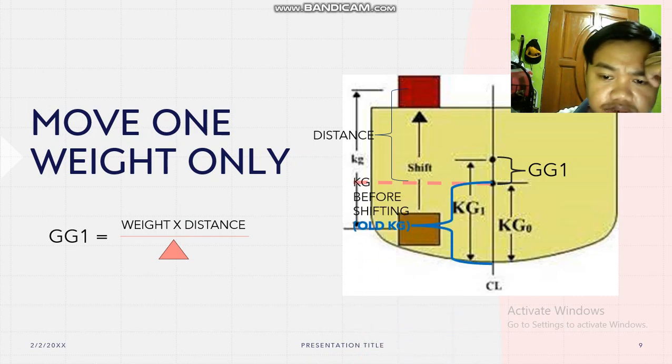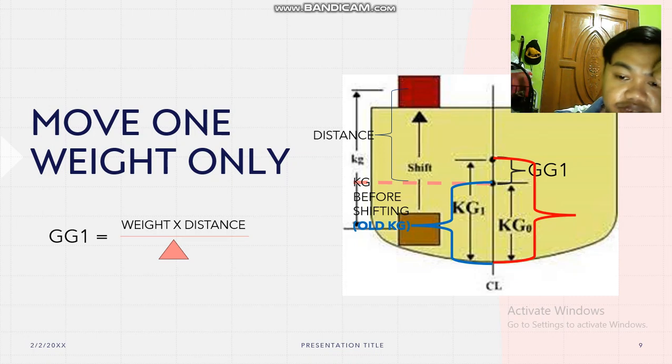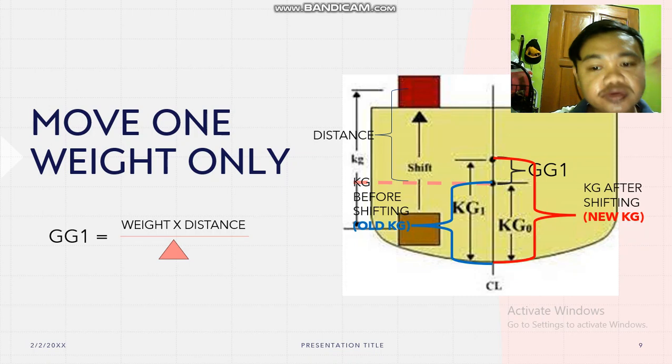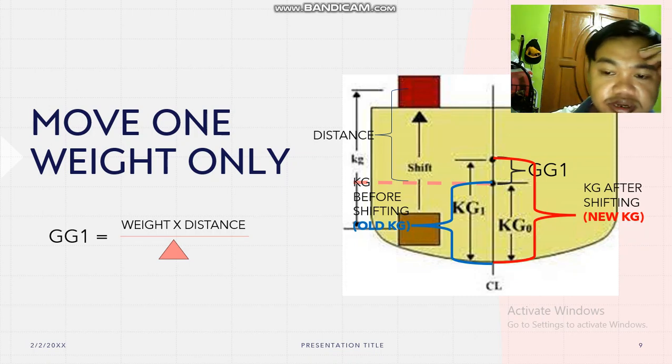So the blue shape here represents the vertical distance from the keel to the old center of gravity, so old KG, while the red one represents the vertical distance from the keel to the new center of gravity. We are going to use this understanding on the next slides.